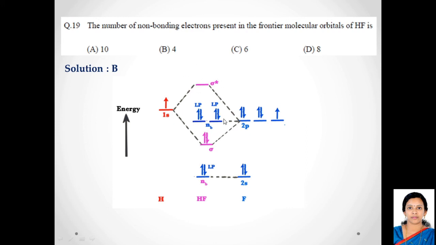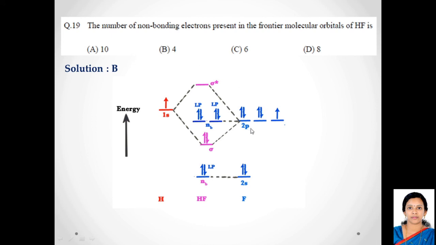Here the highest occupied molecular orbitals are these orbitals which have the lone pairs. So there are 4 electrons, 2 lone pairs, and the lowest unoccupied molecular orbital is the sigma antibonding orbital, which has 0 electrons. So the answer is 4 electrons. The total number of non-bonding electrons in the frontier molecular orbitals is 4, because there are 4 in the HOMO and 0 in the LUMO. So 4, option B is the correct answer.